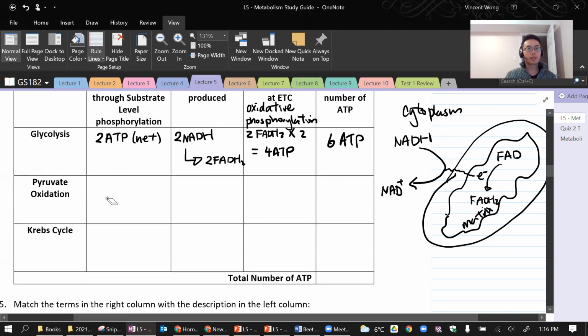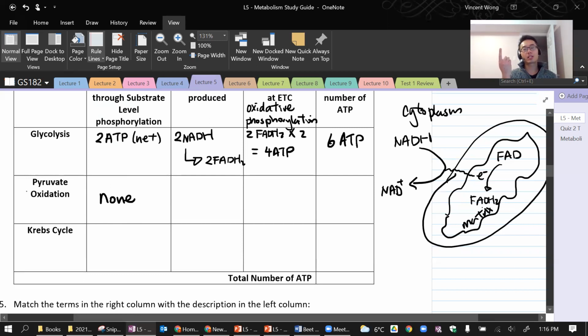Pyruvate oxidation. Do we have any ATP from substrate level phosphorylation? If so, how many? That's right, there are none. Pyruvate oxidation only has 3 steps, right?